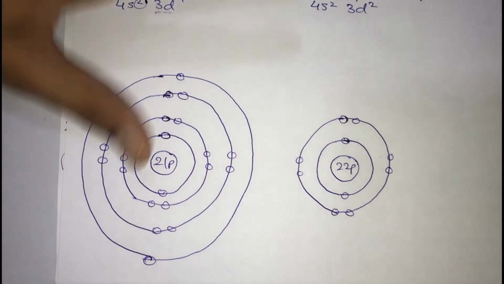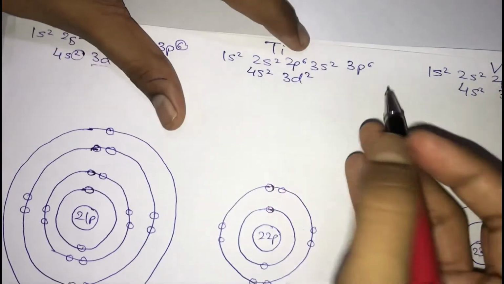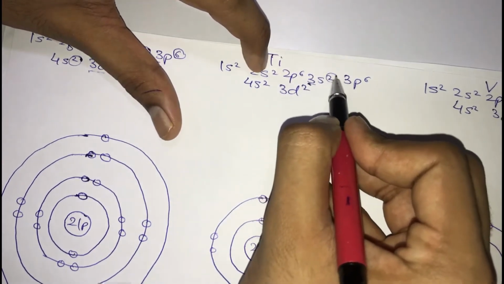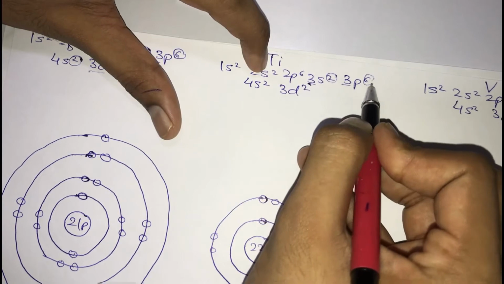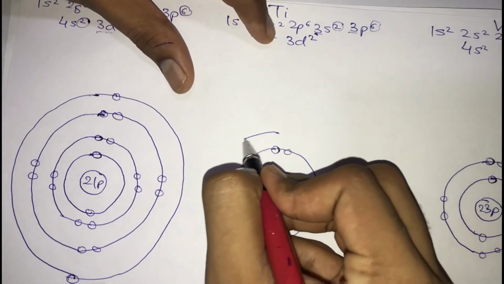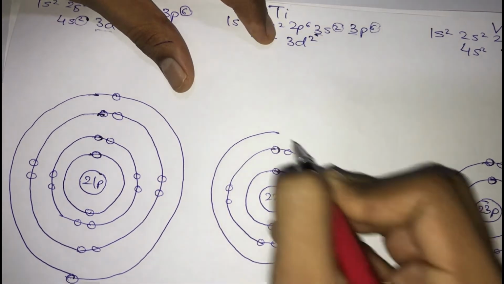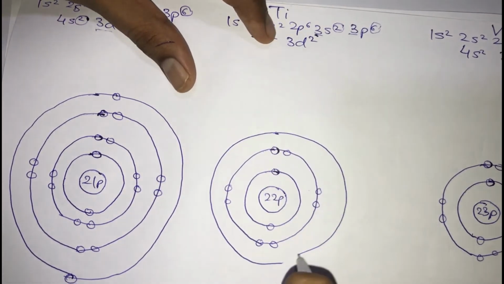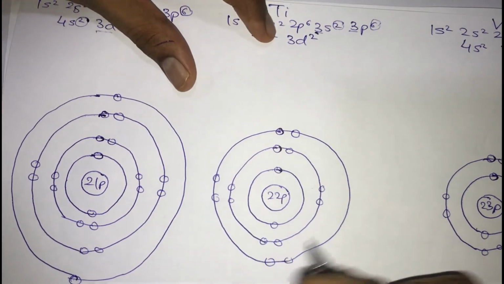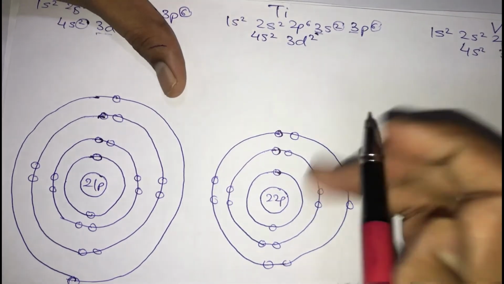Now for titanium, I consider this third energy level which has 2 electrons, and this which has 6 electrons. So 2 plus 6 is going to give me 8. Again I am repeating myself, I am not considering this 3d for a while.